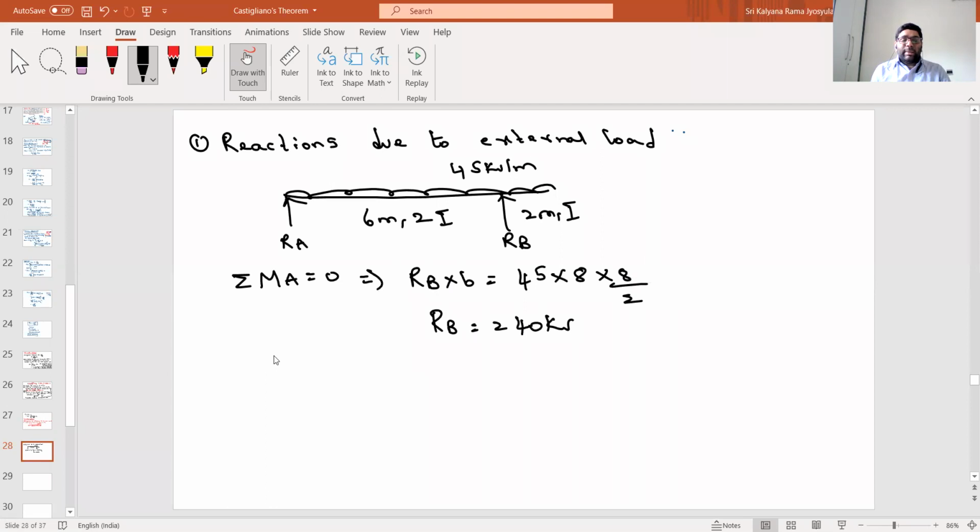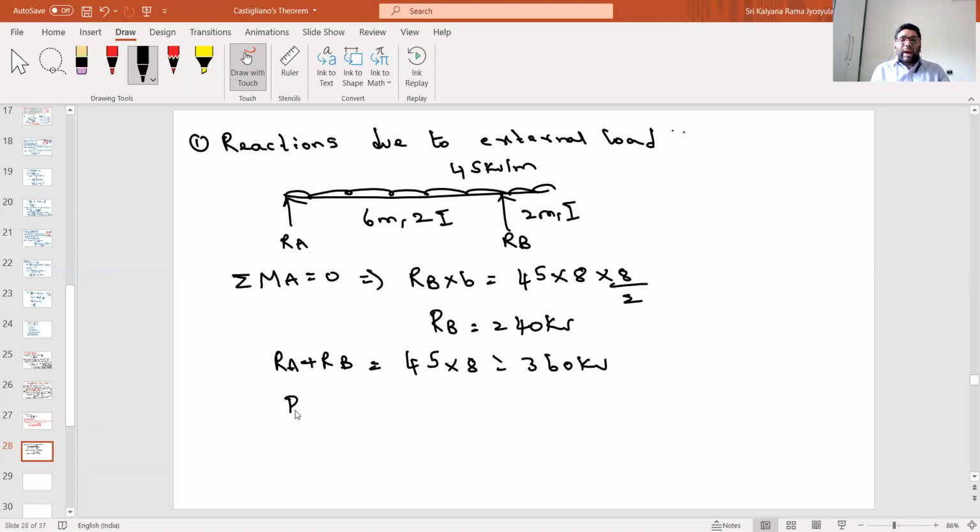Now RA plus RB is equal to 45 into 8, so that is equal to 360 kilonewton.